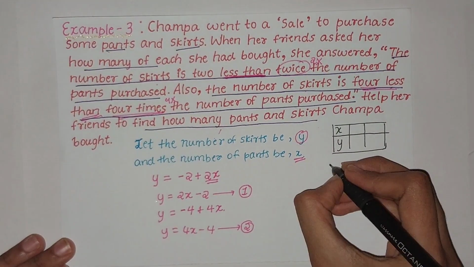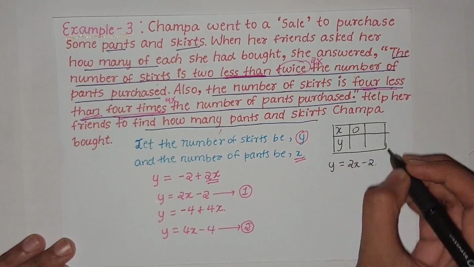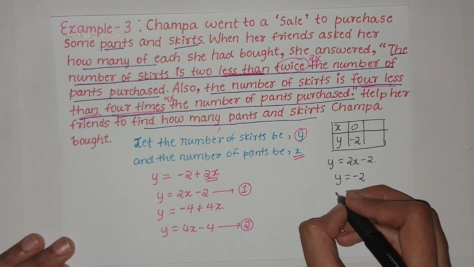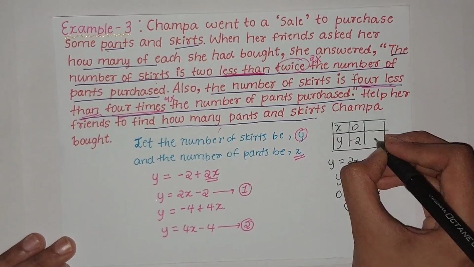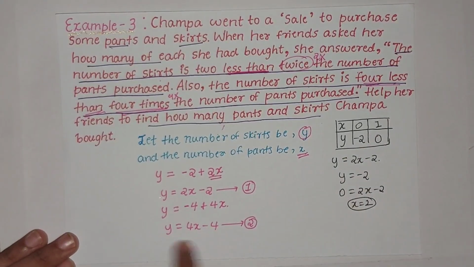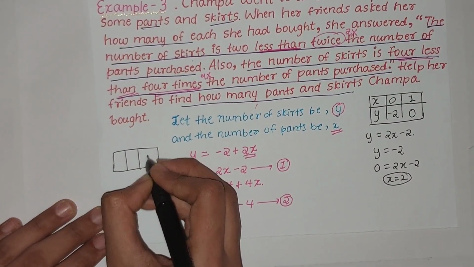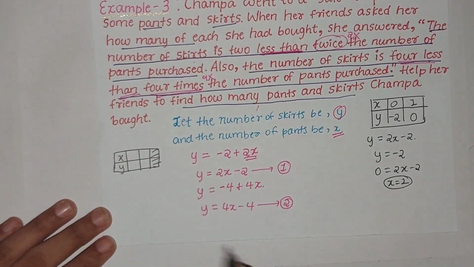Now my first equation is in terms of y only, so no need to change it. First put x is equal to 0 and I'm getting y is equal to minus 2. And if I put y is equal to 0, then 2x minus 2 equals 0, I'm getting x is equal to 1. So 0 and 1. Checking for the next equation, x and y. I'll just take 2 points.